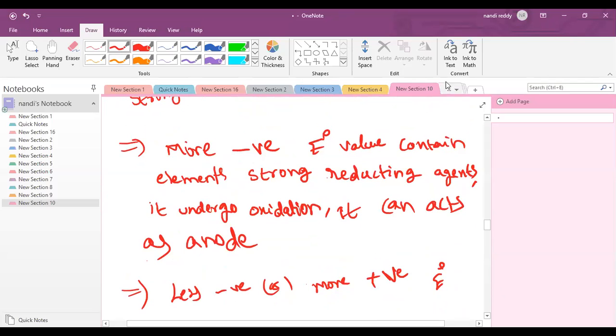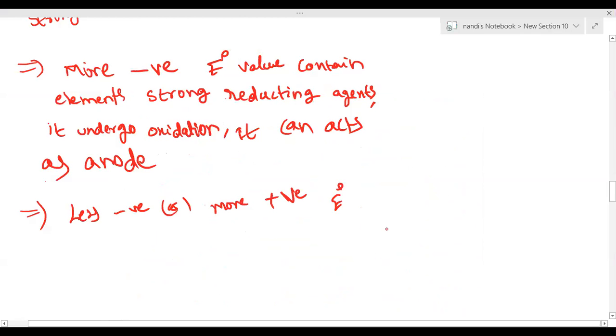E naught value contain element. Acts as exactly opposite. Previously reducing agent, now oxidizing agent, sir. Right.